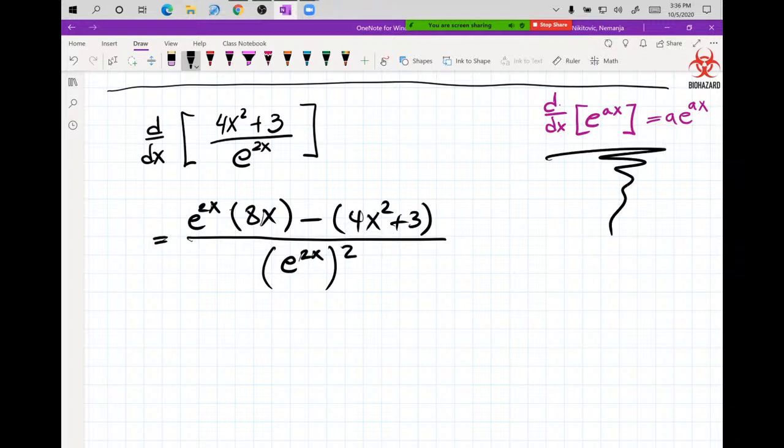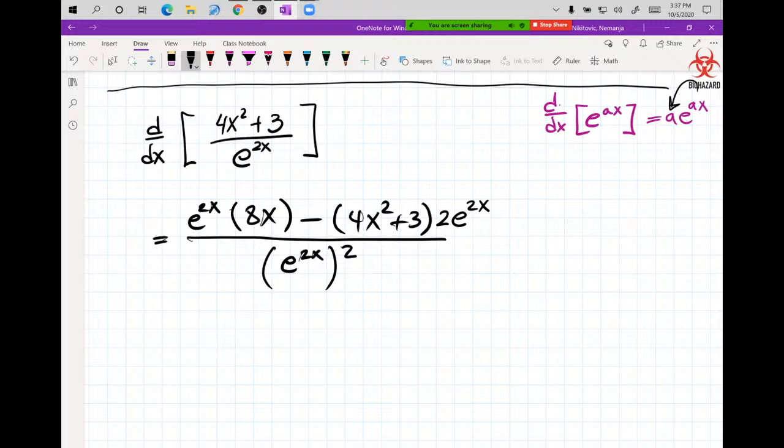This is where you get to use this formula. You get to write the 2e to the 2x. That 2, as you can see, jumped down in the derivative. All right, so now we have all of that mess ready.